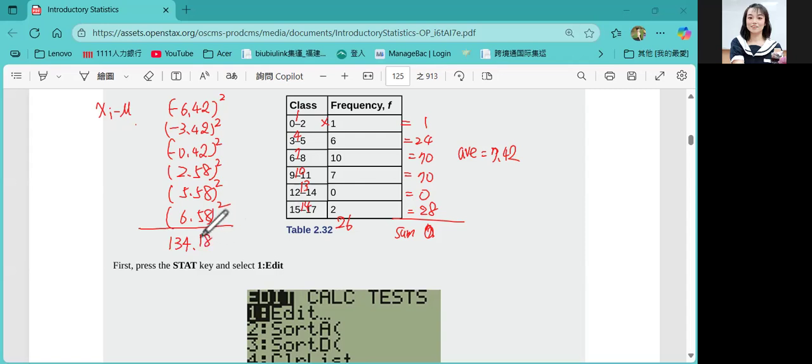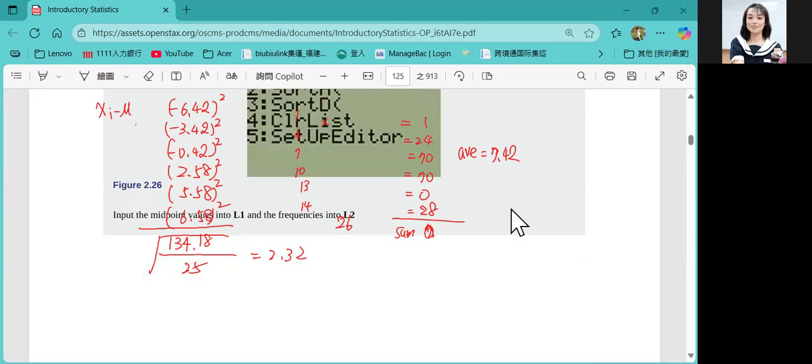I rounded to the hundredths. And the total you have is 26, and n minus 1 is 25, and take the square root. So about 2.32. Maybe you can just check.